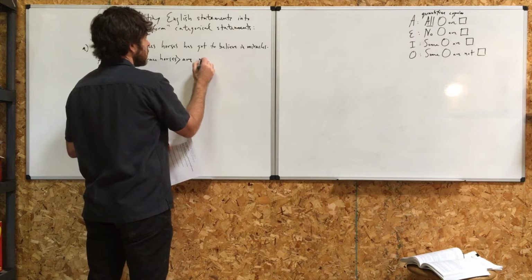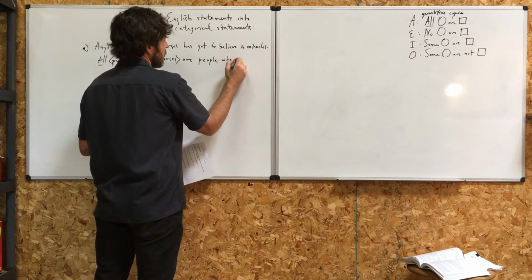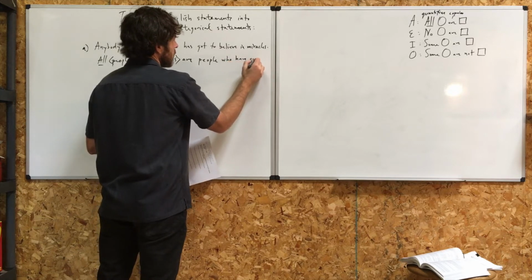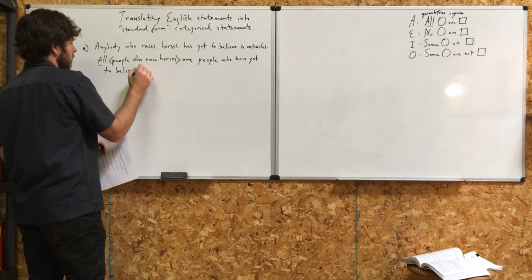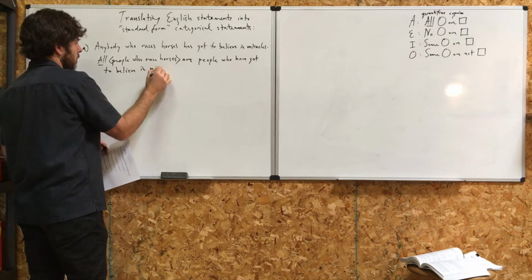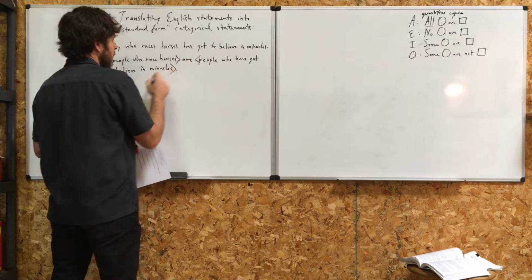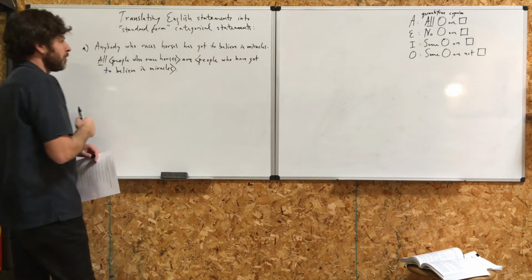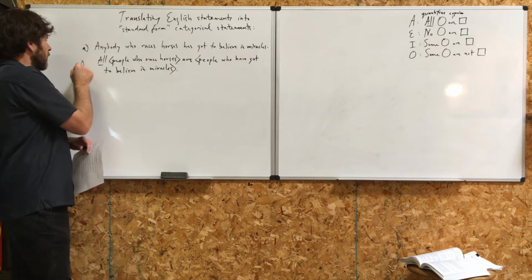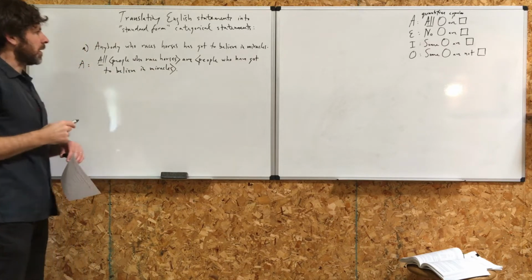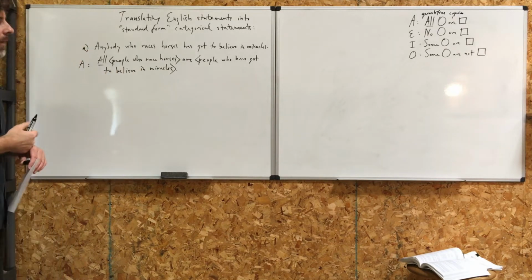Are people who have got to believe in miracles. All right, so we have subject term, predicate term related together in this way. It's an A statement, and you can even put A statement right there. All right, we have two categories, and we know what they refer to.